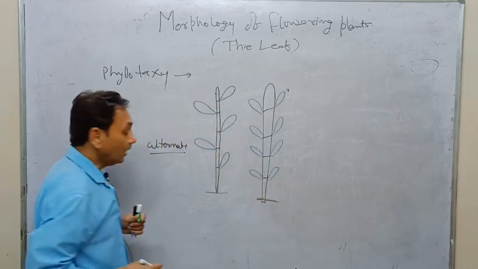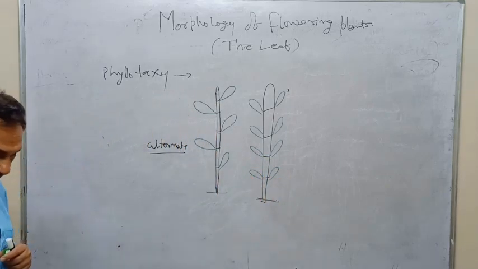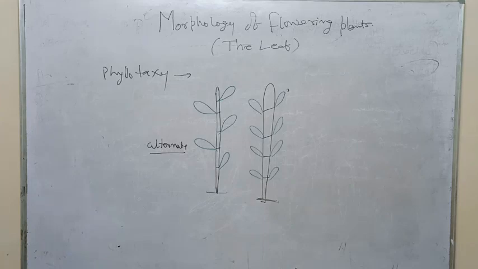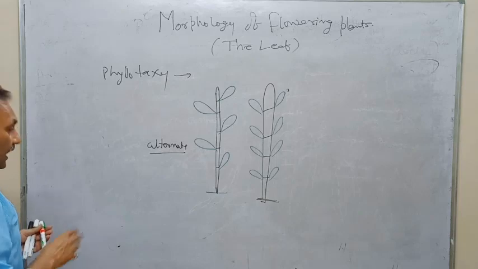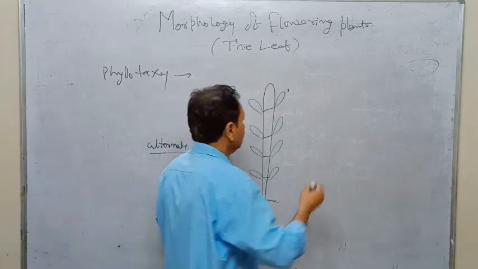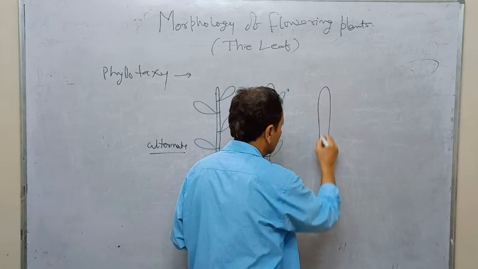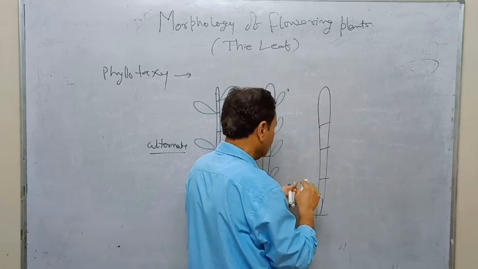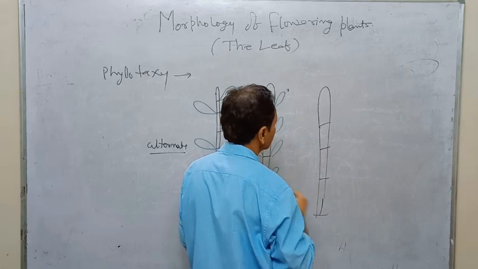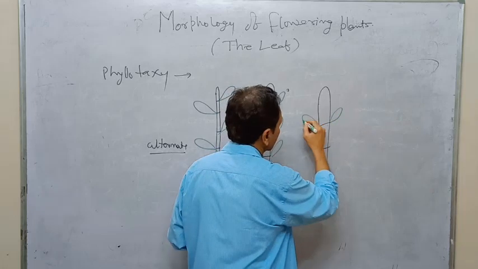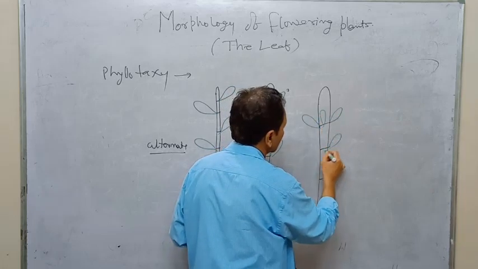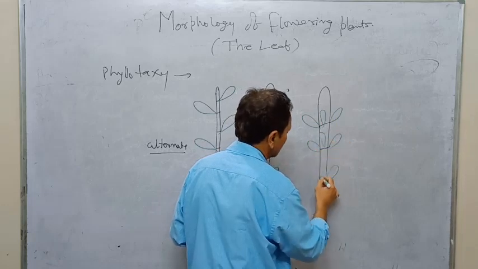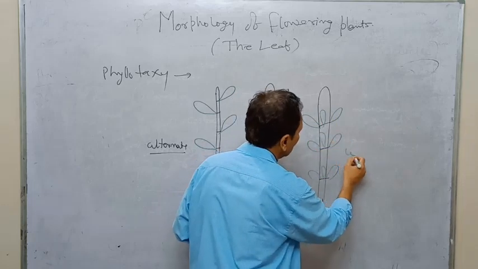If it is like this, it is called opposite type. And if there is such a type of arrangement, it is called whorl type.